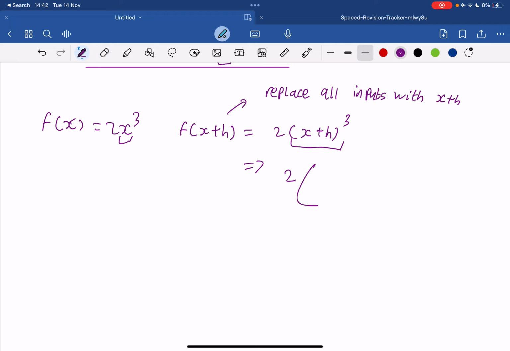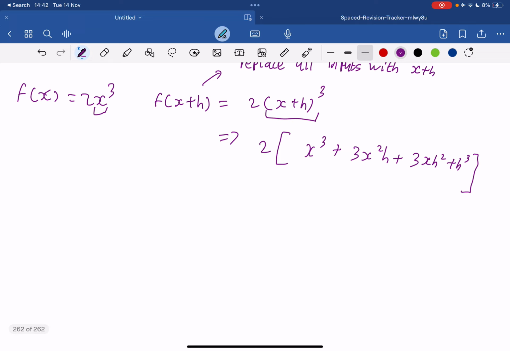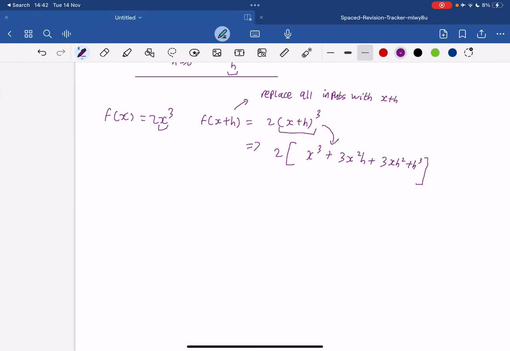So, I'll put a massive bracket here: x cubed plus 3x squared h plus 3x h squared plus h cubed. Now, if you're wondering how I got from here to here, it is through using the binomial expansion, and I'll demonstrate that here.